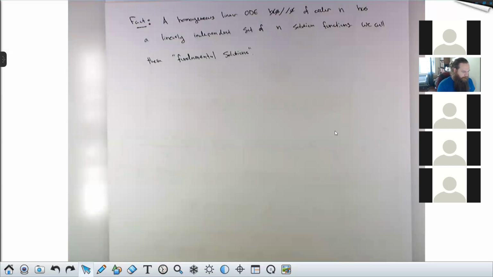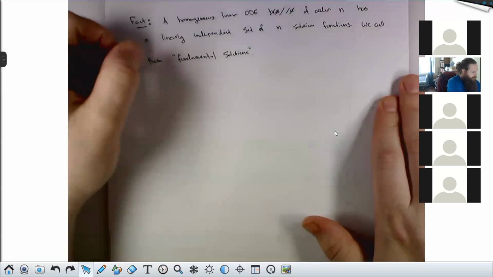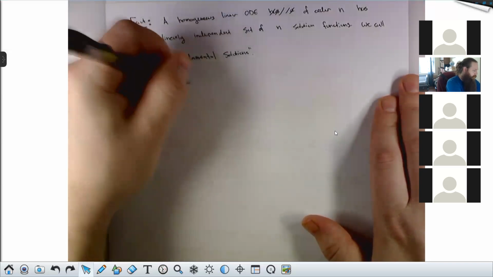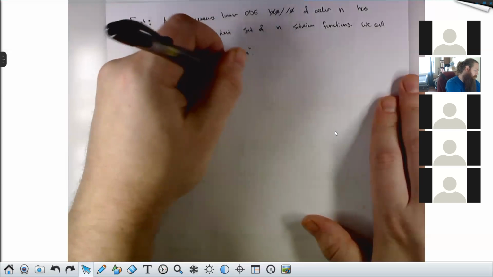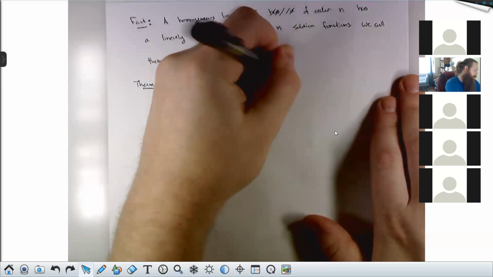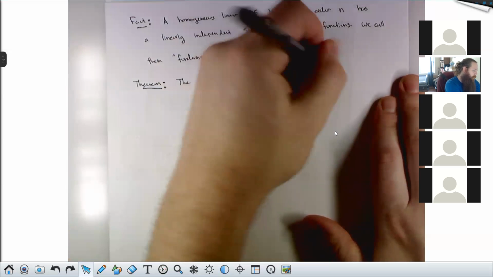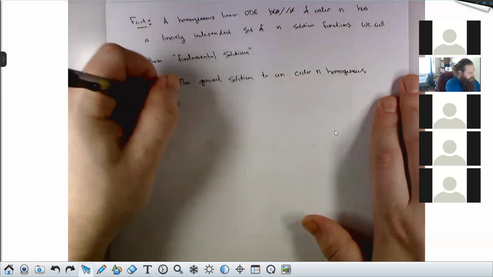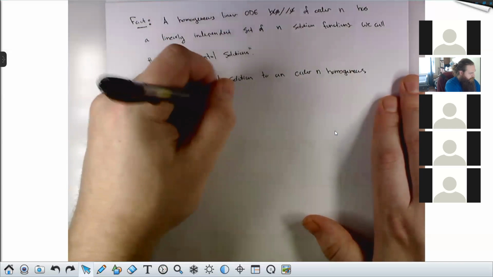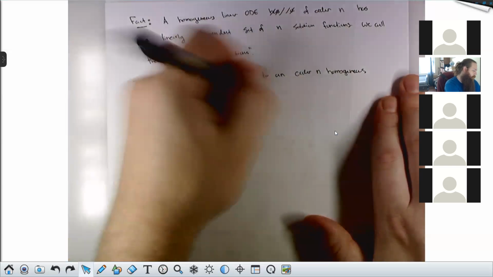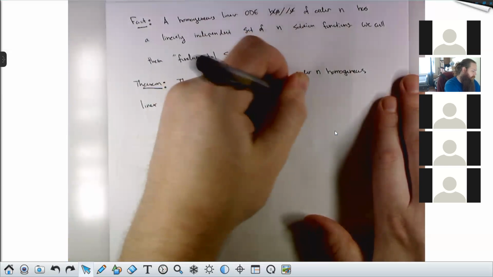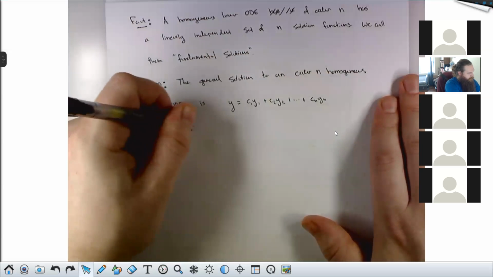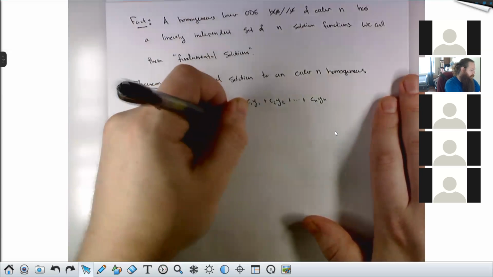Now, the general solution to an order n homogeneous linear ODE is, call it y equals c1y1 plus c2y2 plus out to cnyn, where the y1, y2, out to yn are those fundamental solutions.